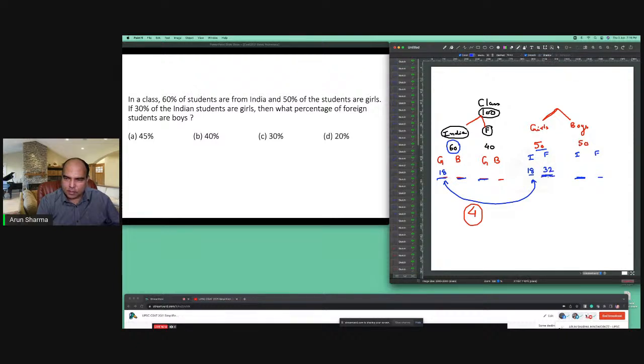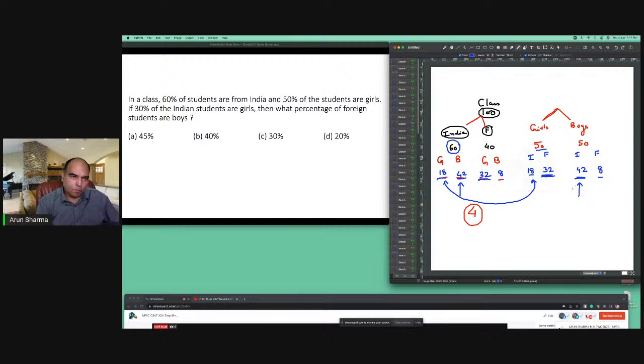And if foreign girls here is 32, foreign girls here will also be 32. And if foreign girls is 32 here, foreign boys will be 8. And if foreign boys is 8 here, foreign boys will be 8 here. And likewise, this 42 you can get from here also, 60 minus 18, or you can get it from 50 minus 8, both places. You get Indian boys as 42.